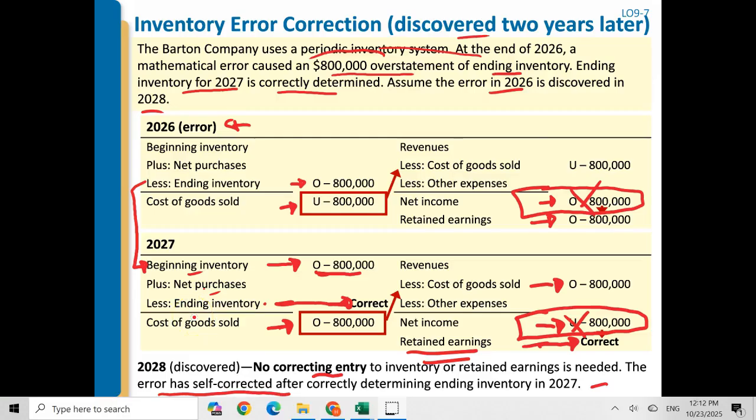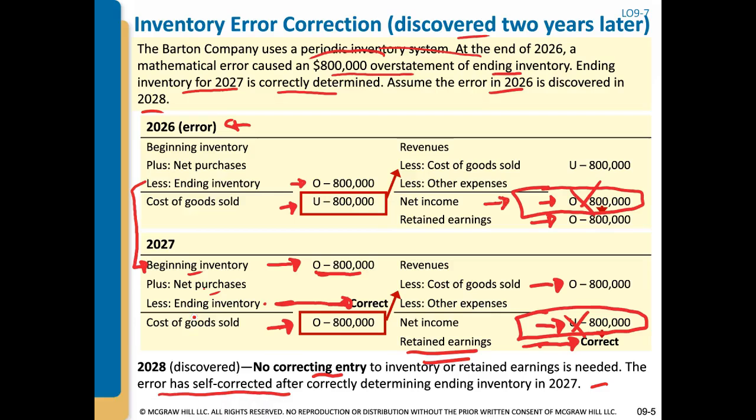Although there is no journal entry required in 2028, the error does need to be disclosed in the 2028 financial statements, describing the nature of the error and the impact of its correction on each year's net income. You have to state that our net income was overstated in 2026 and understated in 2027, so the reader of the financial statements knows that.